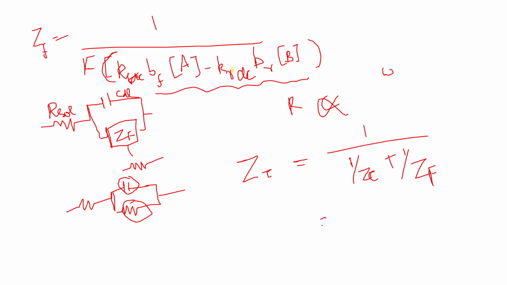So you're able to understand how I'm finding Z total. These both are in parallel, so I will have to do this. And here I know zc is 1 by j omega c.